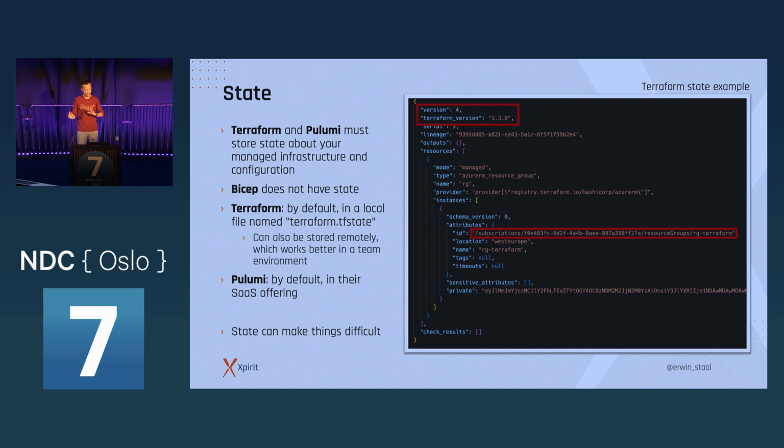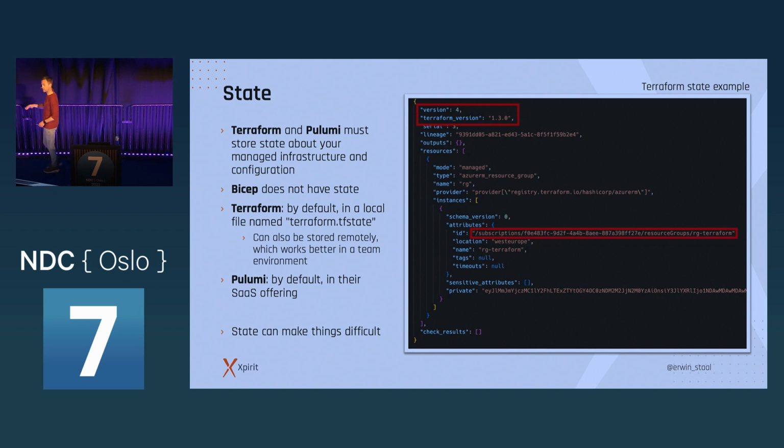And that state file is being used during deployments, etc., to see what has changed and what not. As I said, Bicep does not have a state file. You could say that Azure is its state, but it obviously doesn't work anymore when you do more than just Azure. So the other two tools have state files.